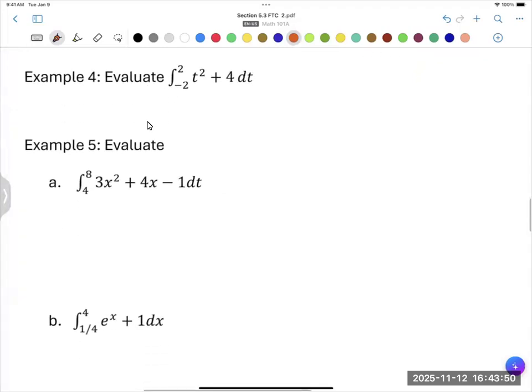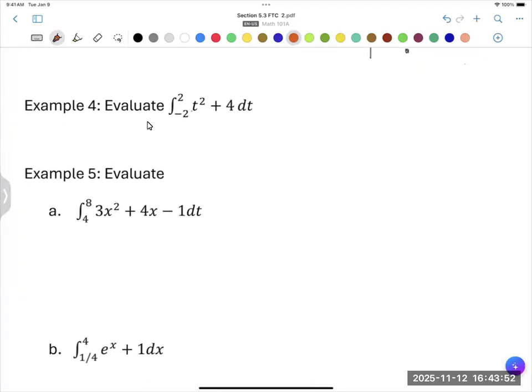So I have the function t squared plus 4. I need to find the antiderivative of t squared plus 4. And what is the antiderivative of that? So recall that the integral of a constant is the constant times the variable.